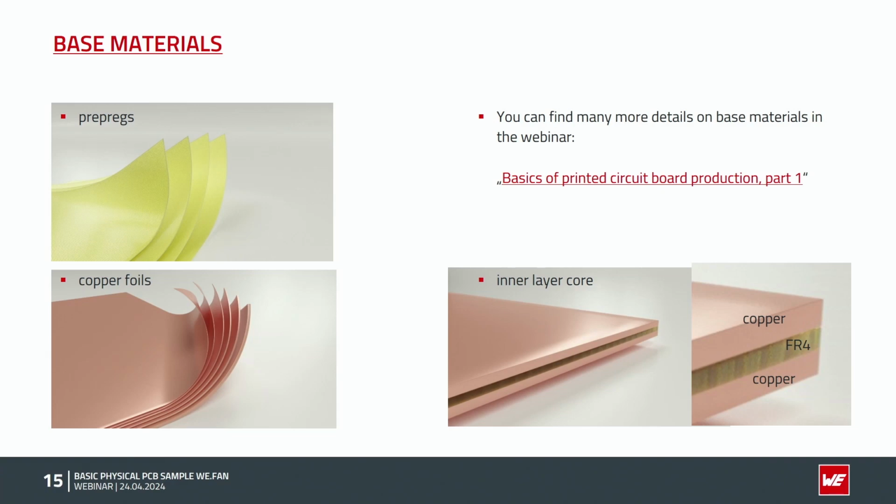So it still has the ability to glue things together under pressure and high temperature. On the other hand, we have copper foils, of course, and the combination of prepregs and copper foils could be an inner layer core, which we see on the right bottom side.